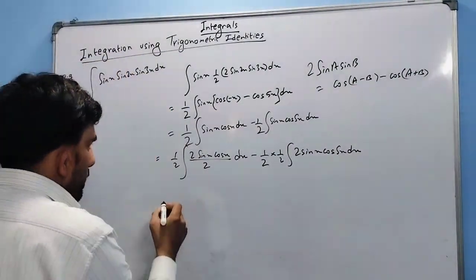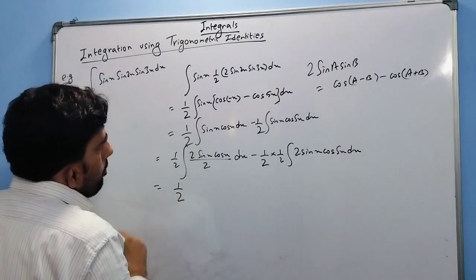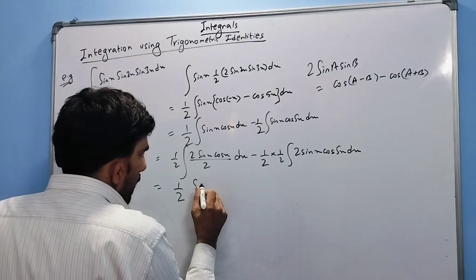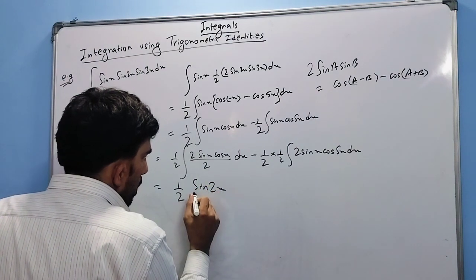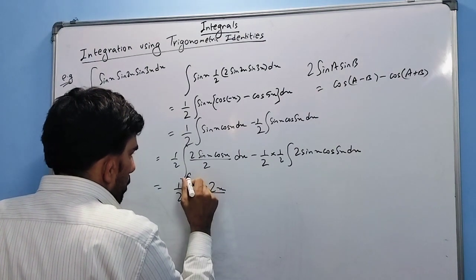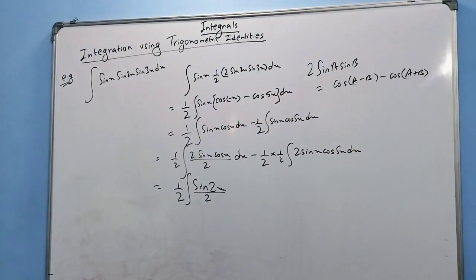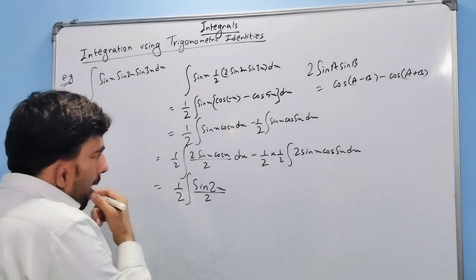So now we can see here half of 2 sin x cos x, that is sin 2x upon 2. Okay, so I have here sin 2x upon 2.